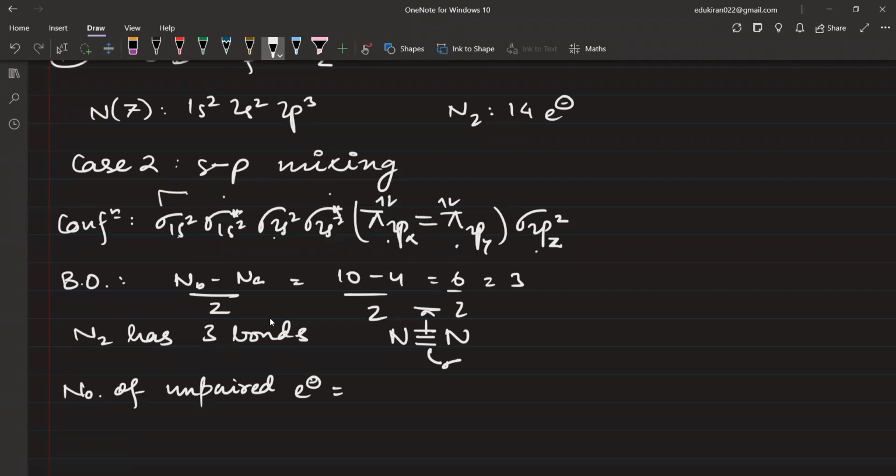If you make the orbital diagram, this is one molecular orbital, this is another. All of them are having pairs, right? 2, 2, 2. Can you see that? So that is why it has 0 unpaired electrons. Iram, you tell me: paramagnetic or diamagnetic? Diamagnetic. Yeah.